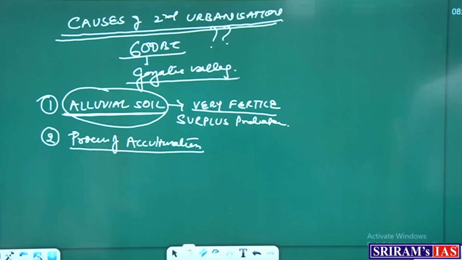Both Harappans and Aryans had the same level of agricultural environment in Gangetic Valley, which they had in the Indus Saraswati region.